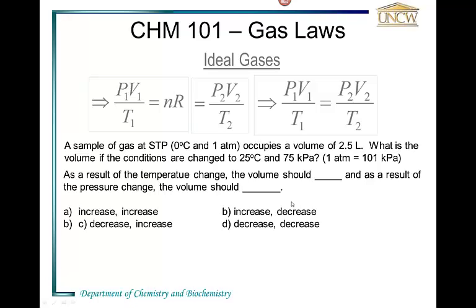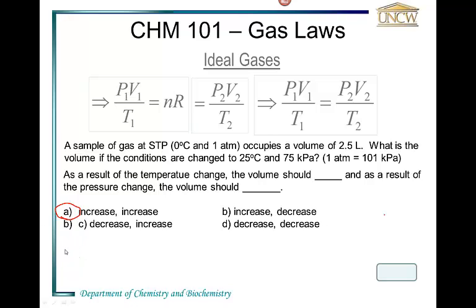Likewise, we're dropping the pressure. And if we drop the pressure, remember pressure times volume is a constant. If P goes down, V must go up. So we would predict in this case that both of those effects, increasing the temperature and decreasing the pressure, would increase the volume.